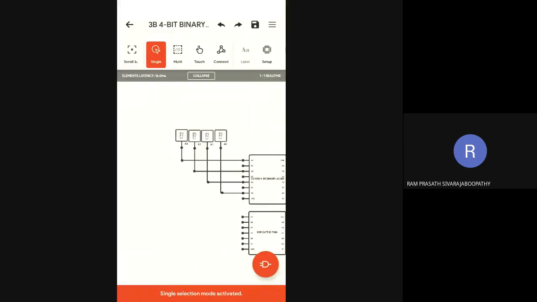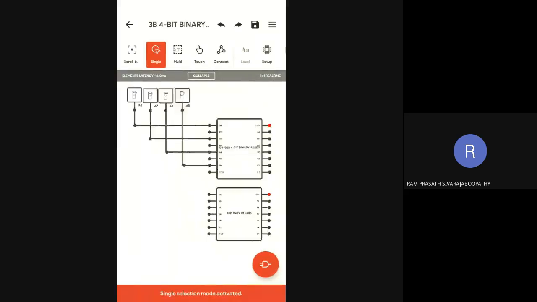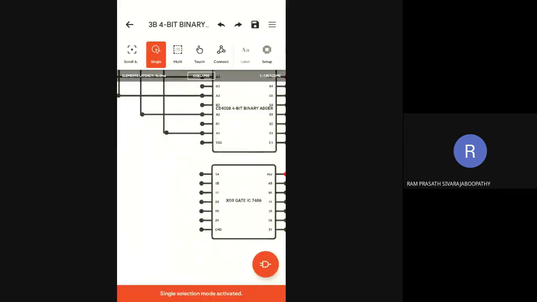Through XOR gate. Very good. So what I am going to do is the output of the XOR gate 1y, 2y, 3y and 4y, I am going to connect it to the another input D.